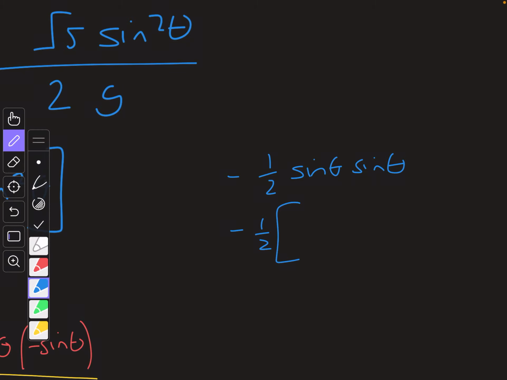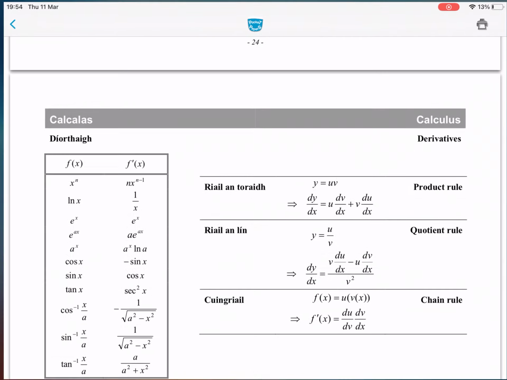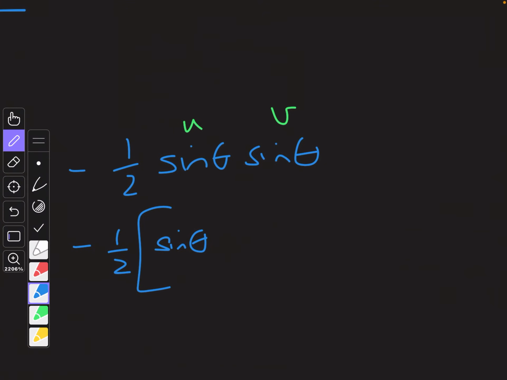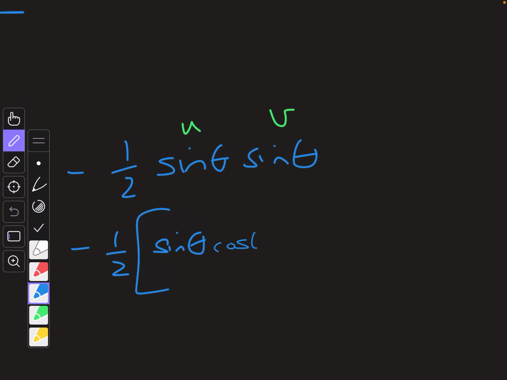So if we call this u and call this v, we're going to get u times what sine theta is when you differentiate it. Sine theta differentiates to cosine. Always worth checking. I mean, I've been doing these years and I still check it. Okay, plus sine theta by cosine theta.